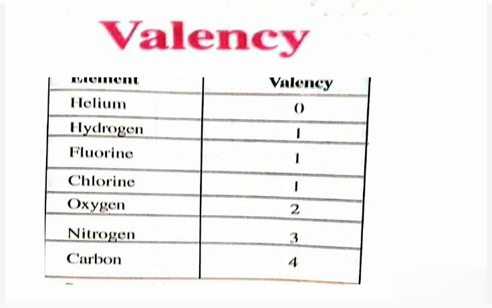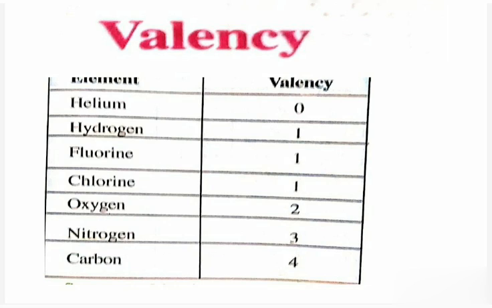These energy levels are shown by n equals 1, 2, 3, 4 or K, L, M, N. In the n equals 1 shell we can fill 2 electrons, in n equals 2 shell 8 electrons, in n equals 3 shell 18 electrons, and in n equals 4 shell 32 electrons.